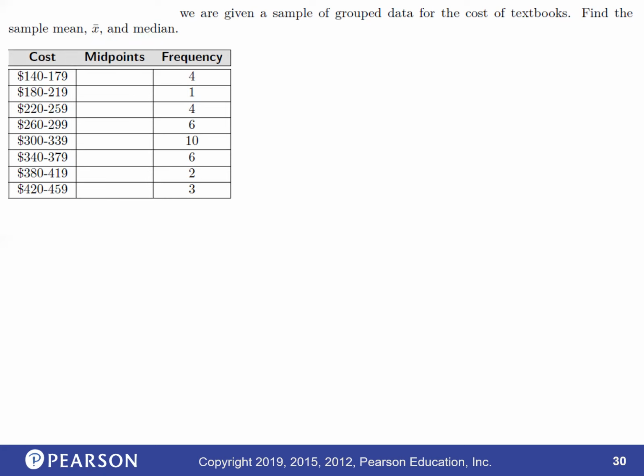What do we get? 159.5. I got a 159.5. Anybody want to second that? Okay. So the midpoint of the first class is 159.5.